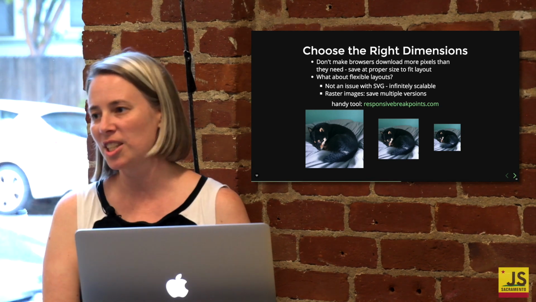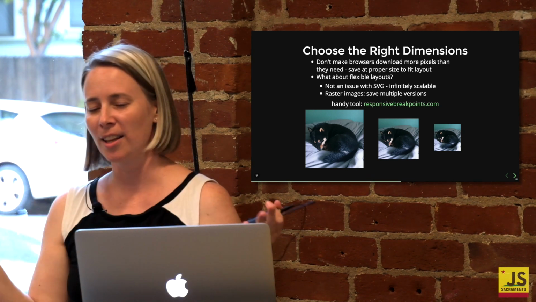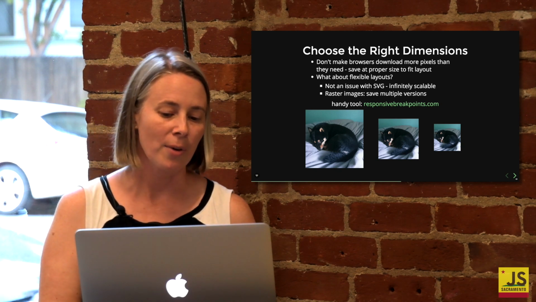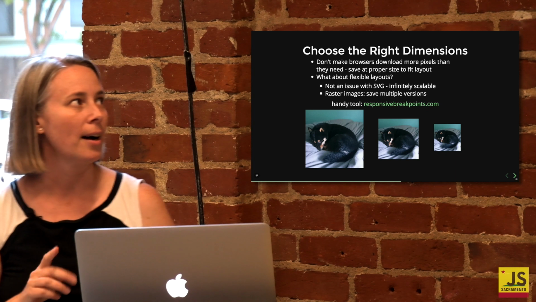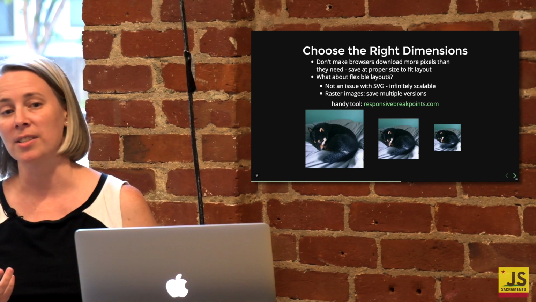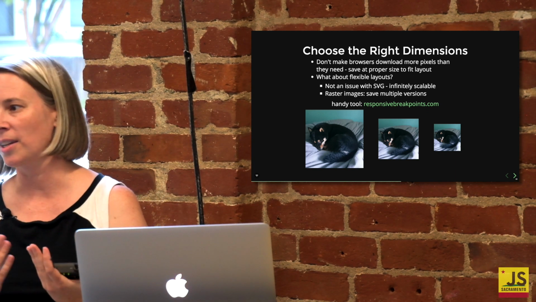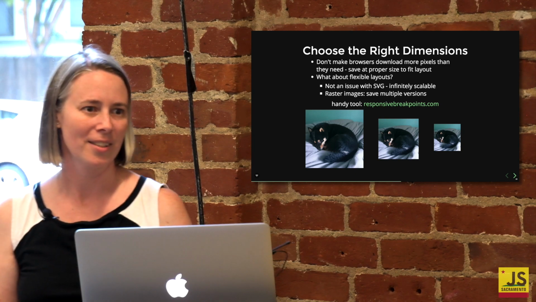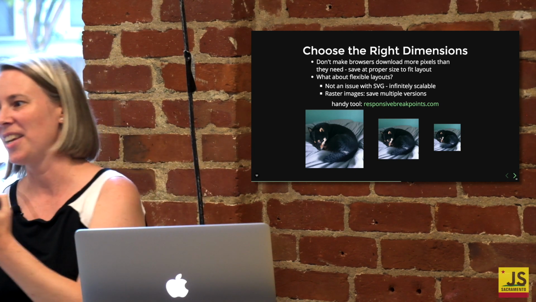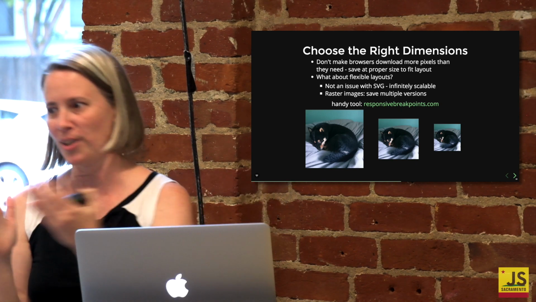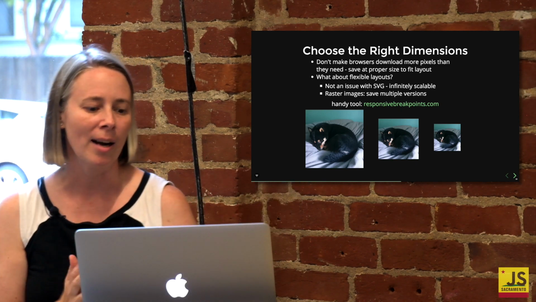And with an SVG, you don't have to worry about that. They're infinitely scalable. But with a raster image, which would be all of the other image formats we've been talking about, you need to save multiple versions. And sometimes you'll have to think about, well, how many versions do I need? Because it might be all different sizes, and you're not going to save like 100 different versions of an image for 100 different possible widths.